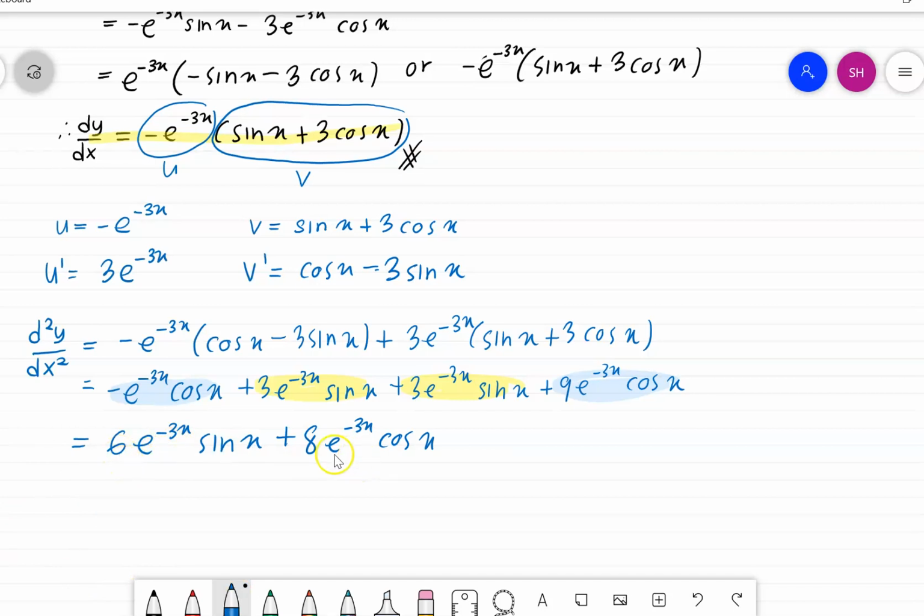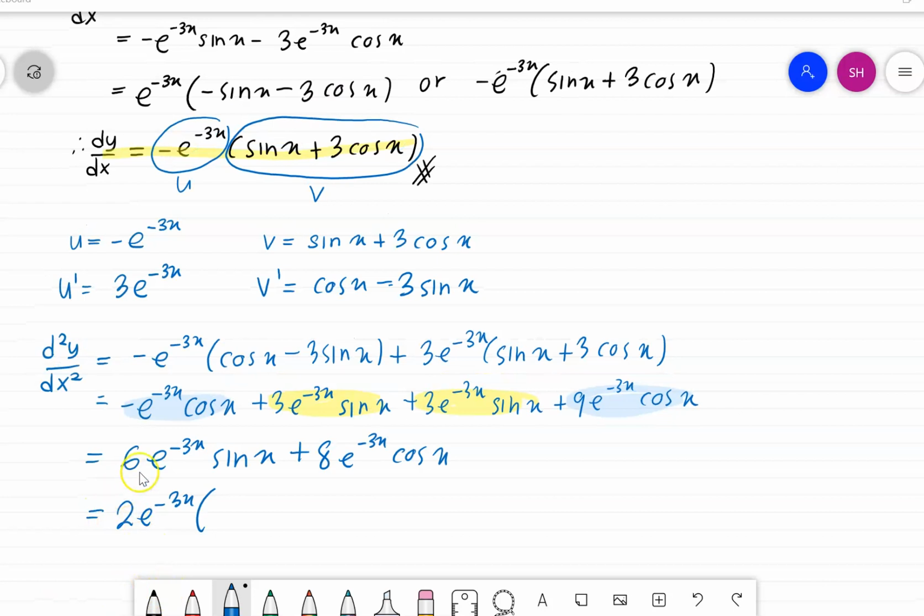And then factorize e to the negative 3x and 2. Okay, 6 and 8. Kita boleh keluarkan 2 lah. Okay, we factor out 2 and e to the negative 3x. So to get back the first term, we need to times by 3 sin x. For the second term, to get 8 e to the negative 3x cos x, we already factored 2.